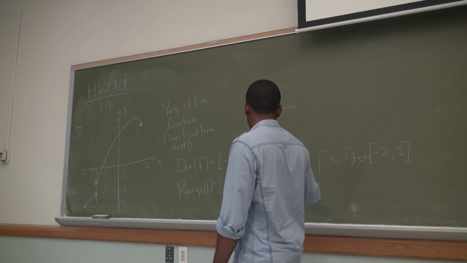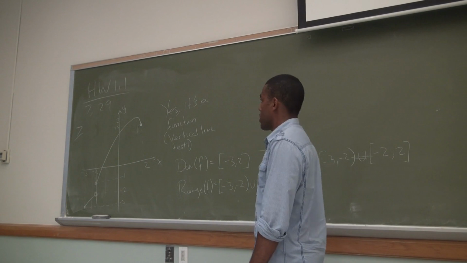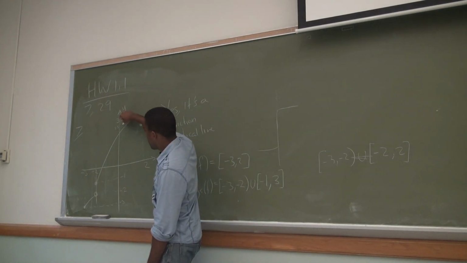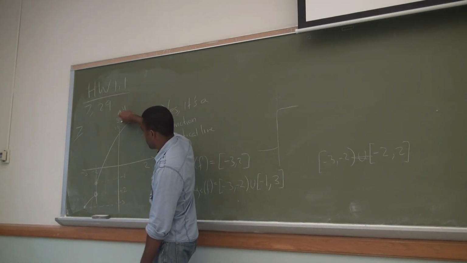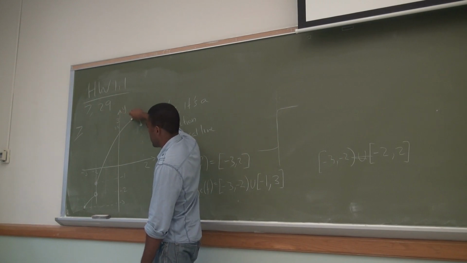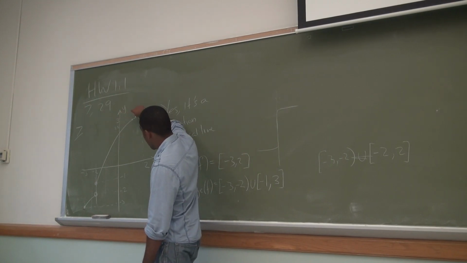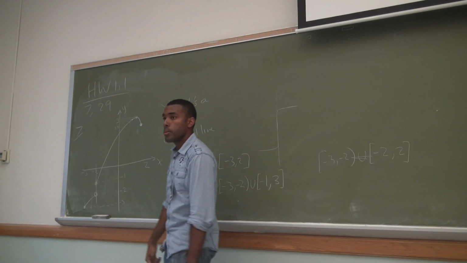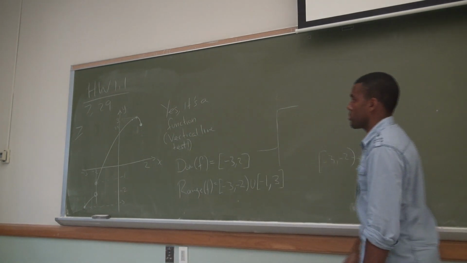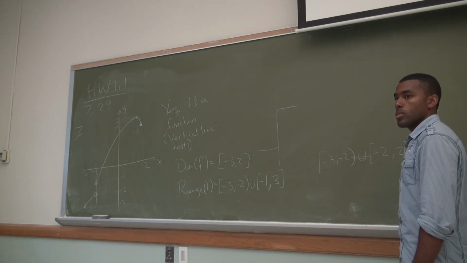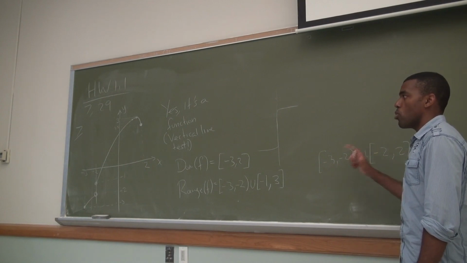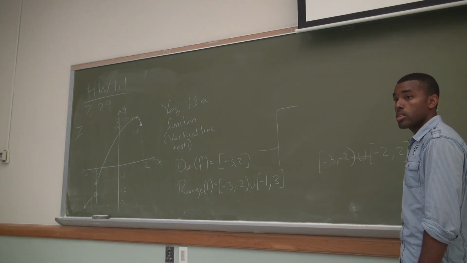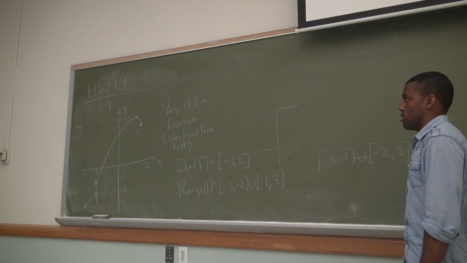Nope, 3. 3 is 3, because you actually have y values past 2.5. All of these are above 2.5, and you're still at the function. The function goes up to a maximum point of 3. So you're looking for the range: all possible y values. But WebAssign has accepted 2.5.